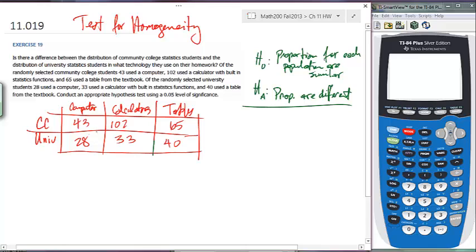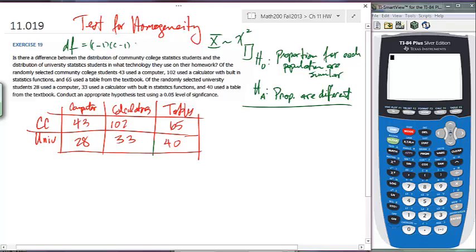This is a chi-square distribution test. Your distribution is going to be a chi-square sub df, whatever your df is, and very similar to the independence, it's the rows minus 1 times columns minus 1.